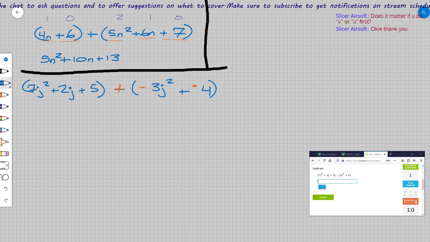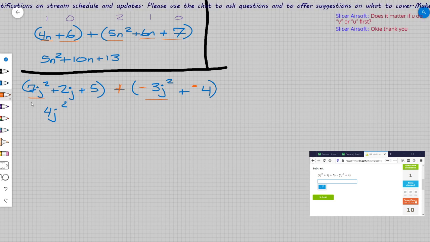So we have a degree of 2, 1, 0, 2, 0. So we want to combine our j squareds first. They're our highest degree. So 7j squared minus 3j squared is going to be 4j squared, because 7 minus 3 gives us 4. So we now know that we have 4 of these j squareds. Then we're going to combine.